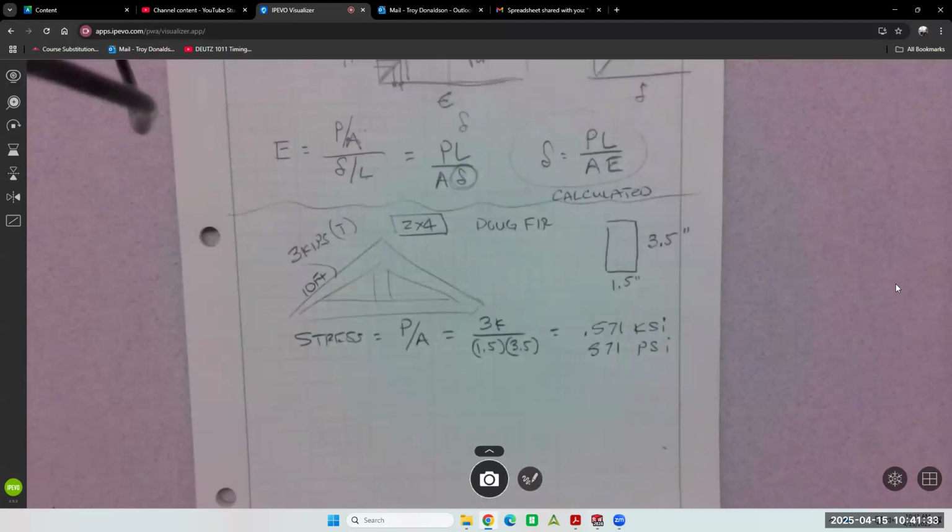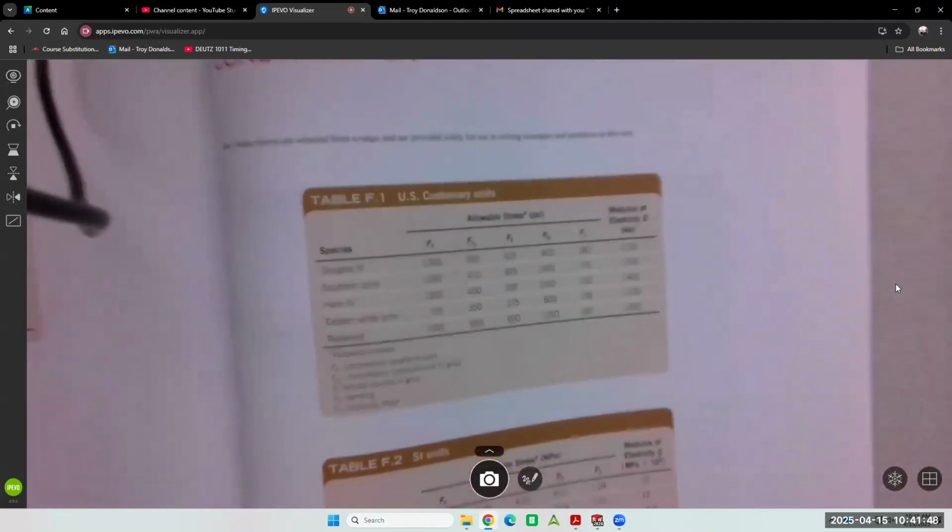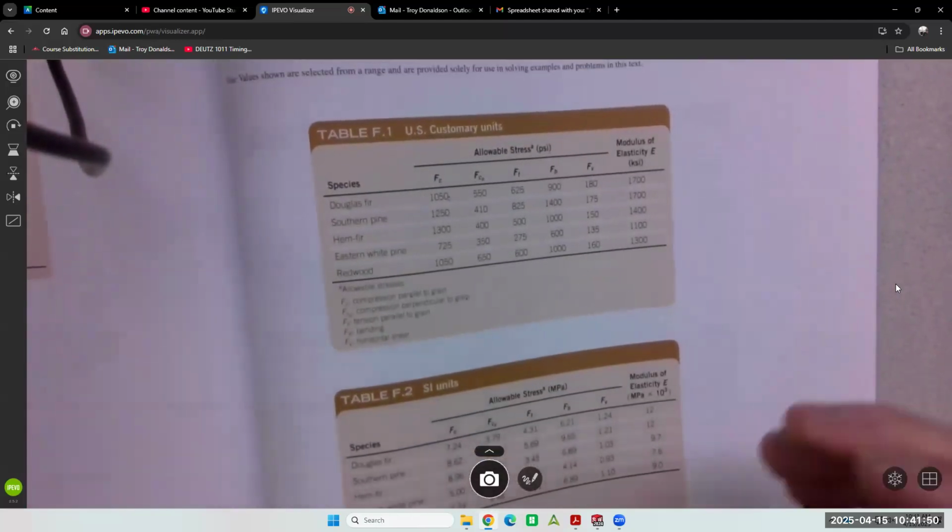What does Doug fir think of that? That's why we do a stress, is to compare it, right? Well, let's look. Doug fir, we want some kind of tensile stress, right?